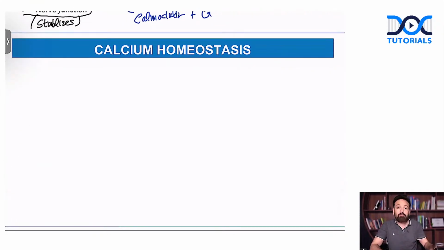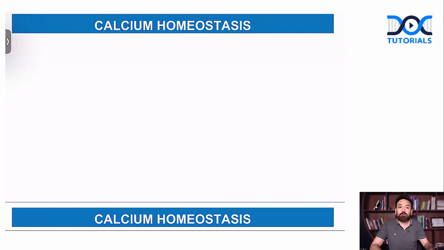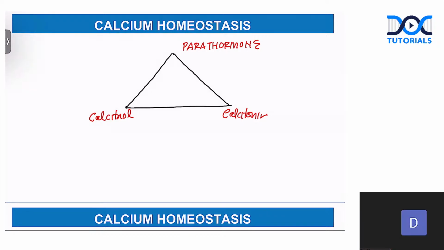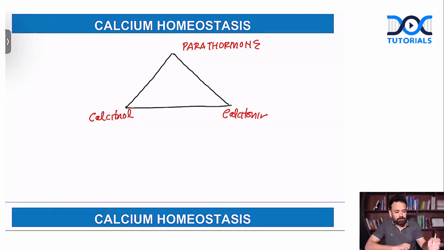Now, coming to calcium homeostasis. Third is calcitonin.